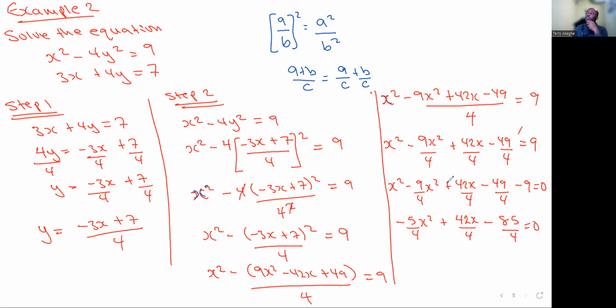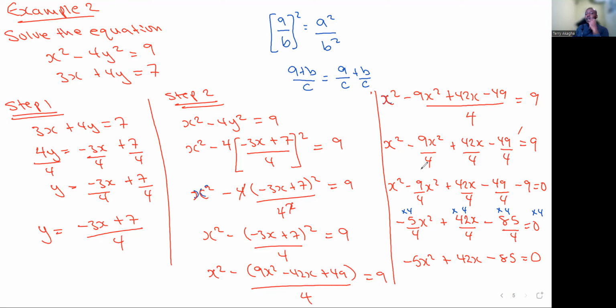So now to remove the 4, I'm going to multiply both sides by 4. I'm going to multiply each of this by 4, so that it will become minus 5x squared plus 42x minus 85 is equal to 0.